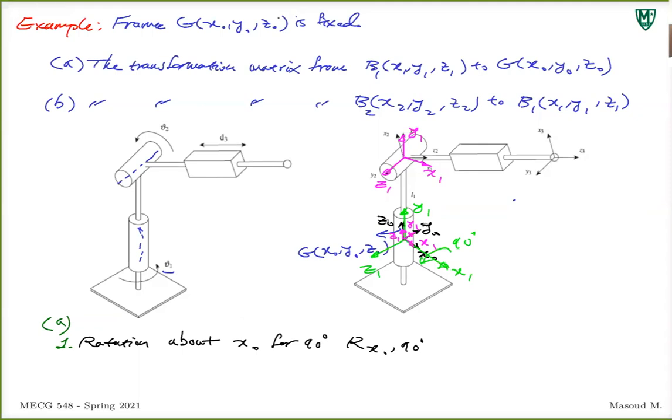So here is the second rotation: rotation about z naught for v1 degrees, or theta 1. That's written weirdly, so I'll just go with v1, or z naught v1.